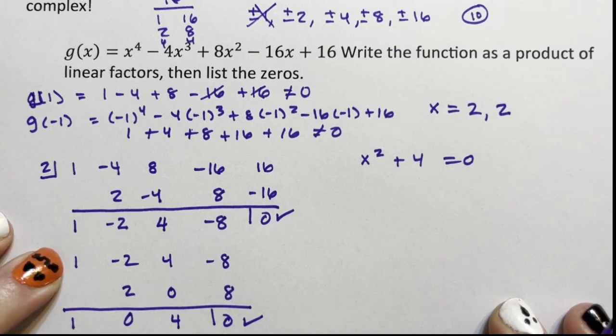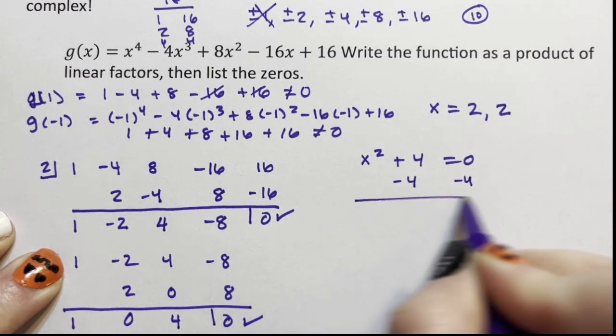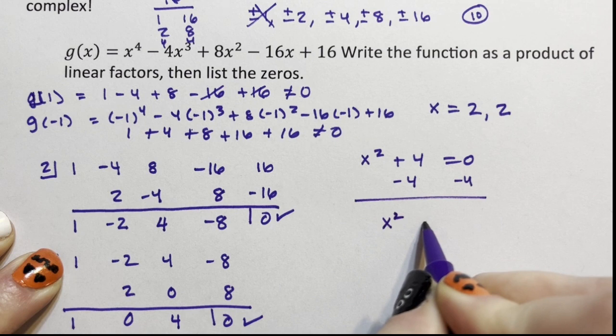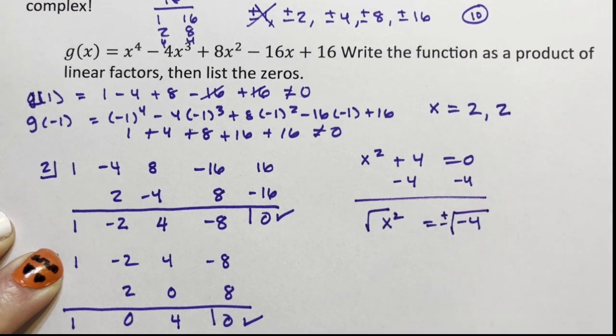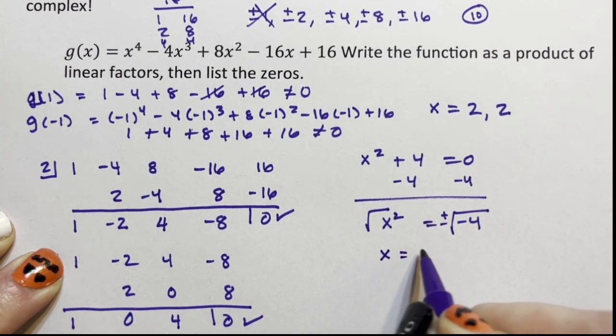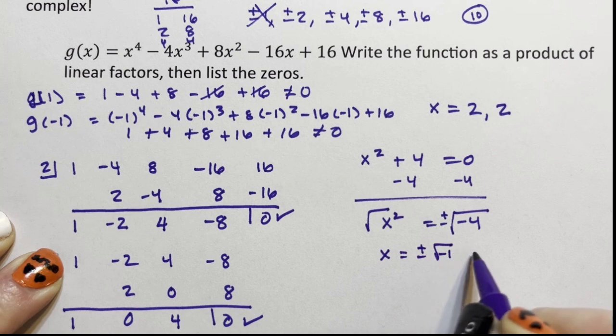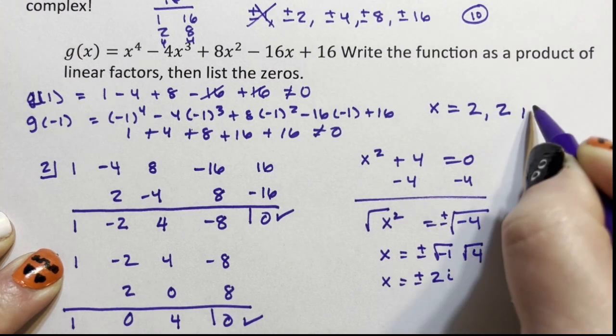In this case, I am going to subtract that 4 over because there's only one term with a variable, and then I'm going to square root. There have to be 2 solutions. The square root of negative 1 is i, so we're going to have plus or minus 2i.